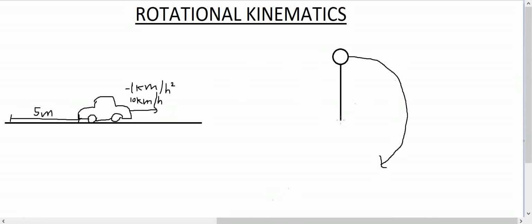Let's say some time ago, this string and ball was actually here.